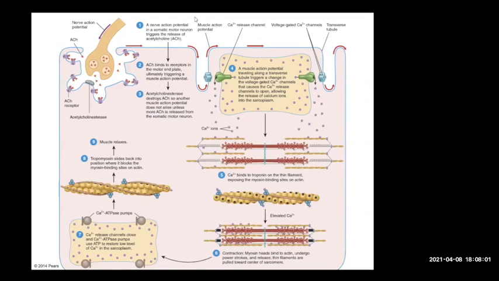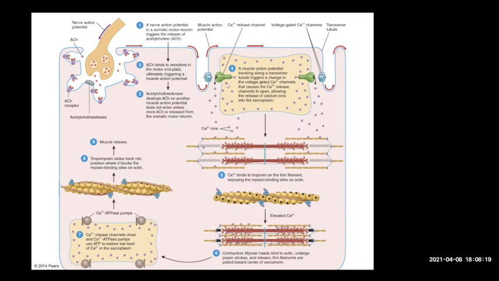Right, so here's the summary picture. I don't think I put this on here, but it's a figure from your book. Just be able to follow this event. This is the easiest way to think about it, a chain of events. Just follow this nerve action potential, acetylcholine, action potential, down the T tubule. What's happening here?